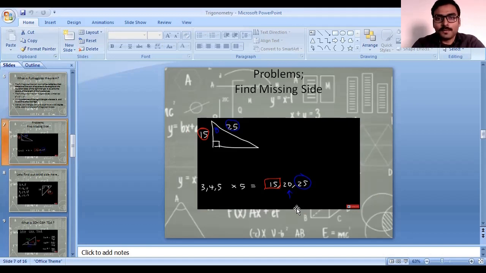So here is a problem with a right angle triangle and theta angle is given, two sides are given, 15 and 25. 25 is the hypotenuse, 15 is the adjacent side.